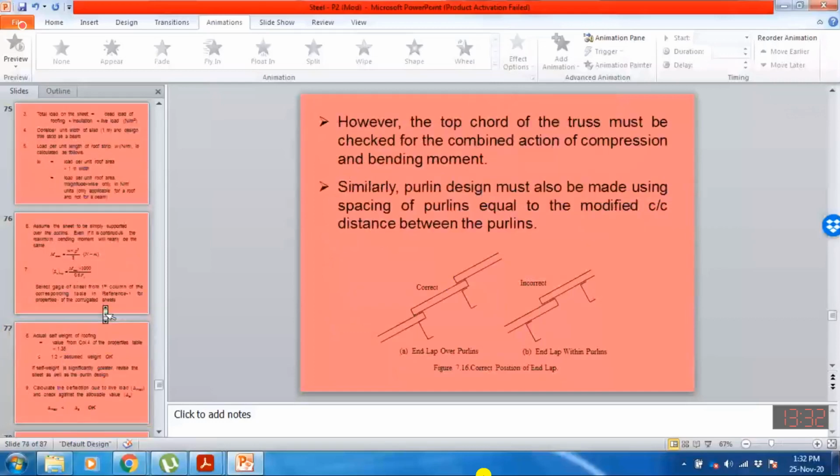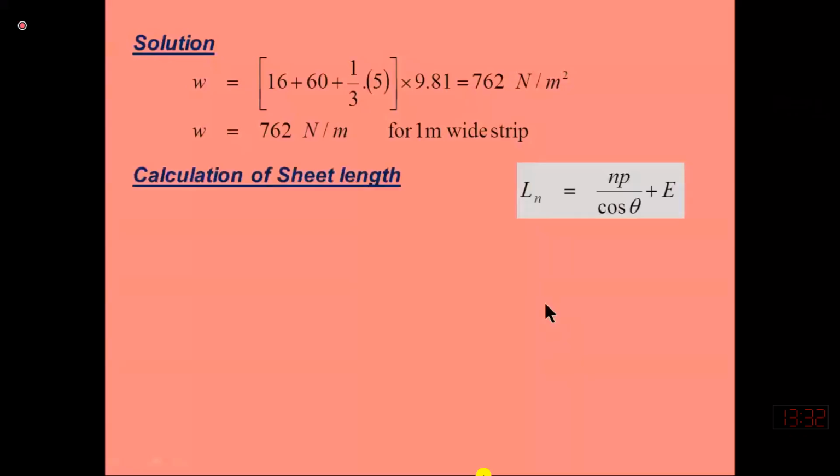So we are using this formula. Width is constant, so I'm computing L1. L1 means the length of the sheet which may be used to cover one panel. So in this formula, the n value will be 1, 2.5 is our panel length, divided by cos theta. I'm computing the inclined length parallel to the top chord, plus 0.2.